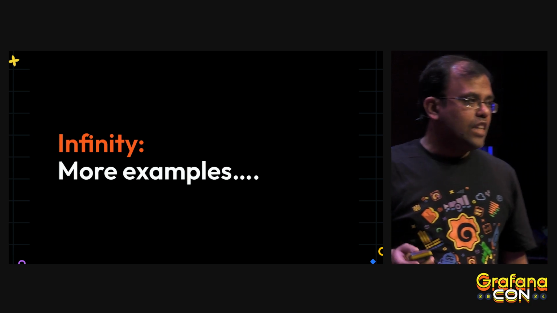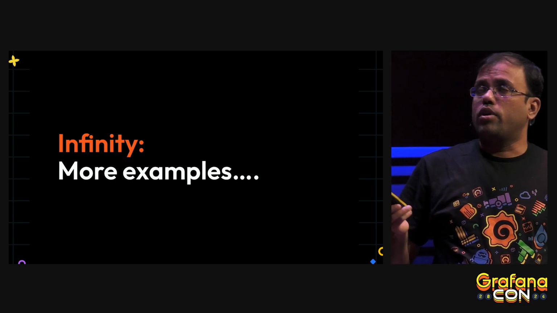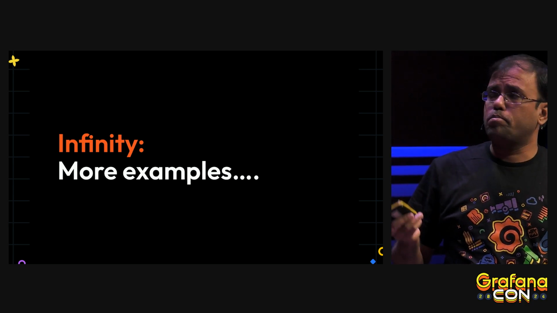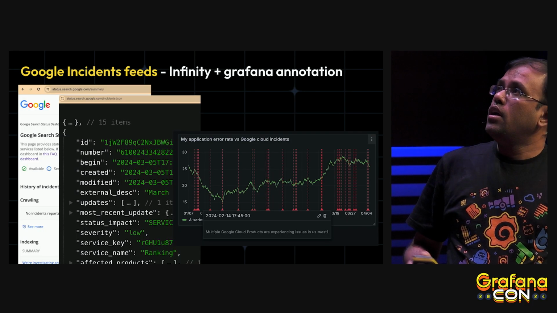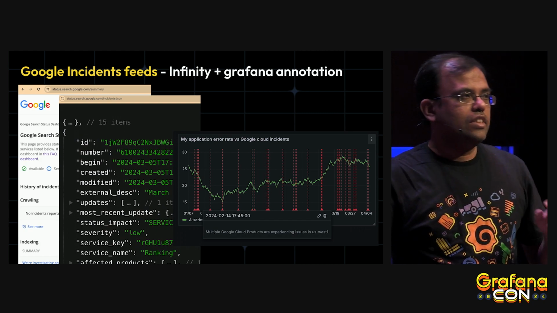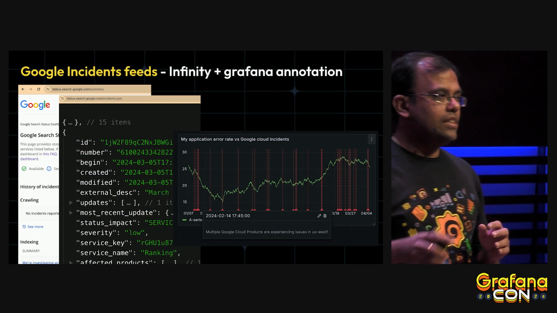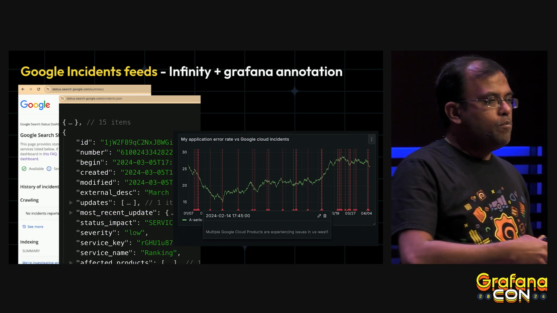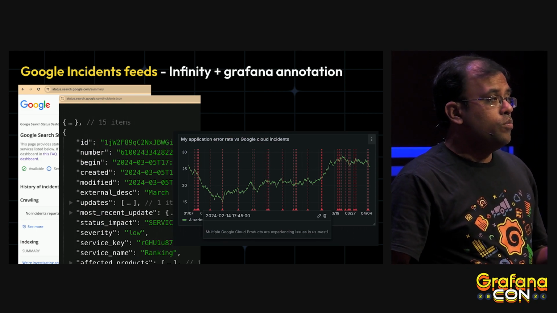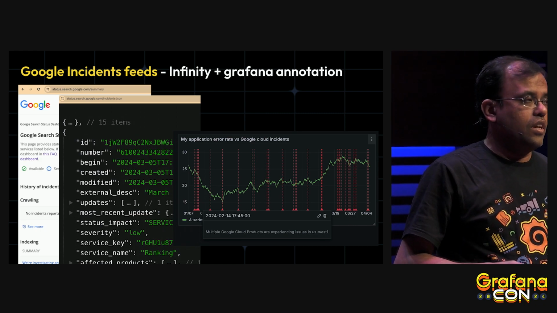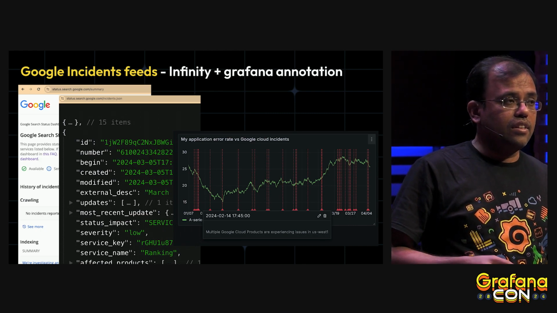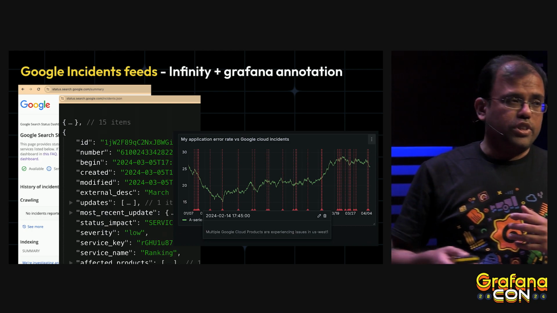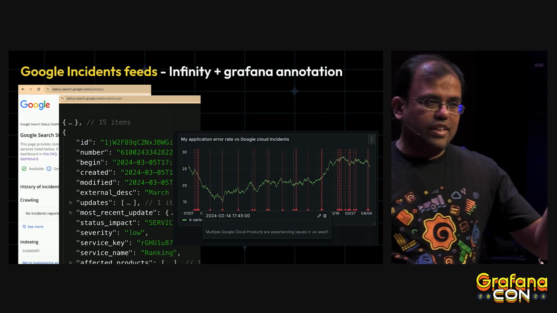Let's see some real-time examples of how customers are using this and what its capabilities are. Say I have a Prometheus graph which shows me error metrics, the error rate. Suddenly my error rate goes up and I need to know why. I can start debugging and correlating with other metrics, but what if I'm using a cloud provider like Google and there's a Google outage?